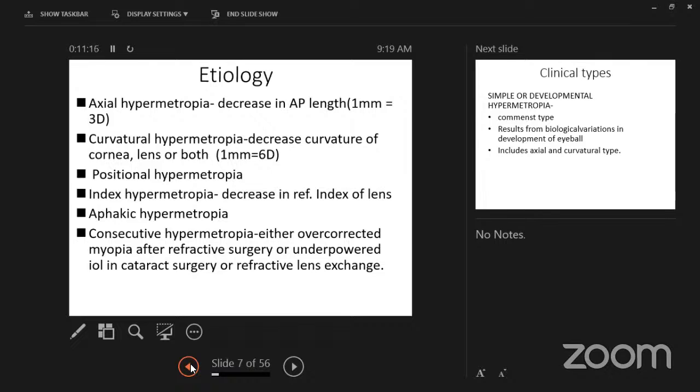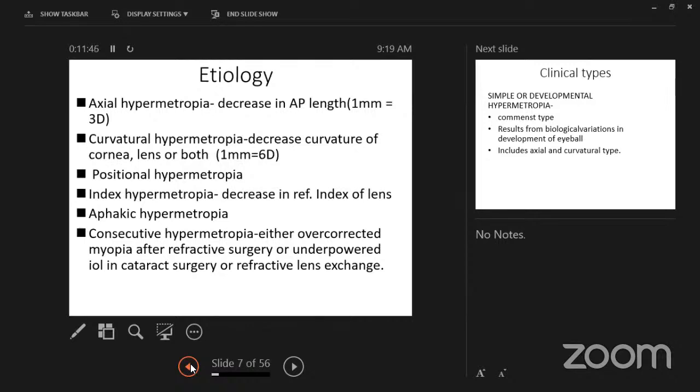So how much will the hypermetropia be? 0.5, so 1.5 diopters. So it was +6 to begin with. Now, axial length increased from 21 to 21.5. What will the hypermetropia be? 4.5.